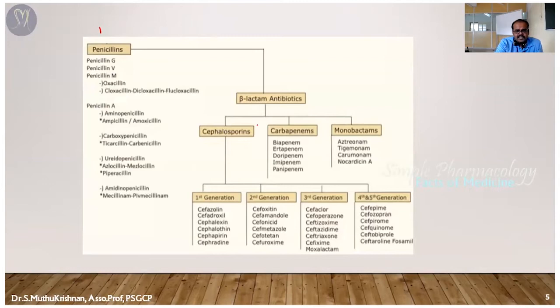In the second category, the cephalosporins are further divided into four generations. Then carbapenems and monobactams are also included in this slide. For classification, as I said, it's very difficult to memorize and pronounce, but you don't have any other choice. Just memorize at least 2 or 3 important drugs from each class.